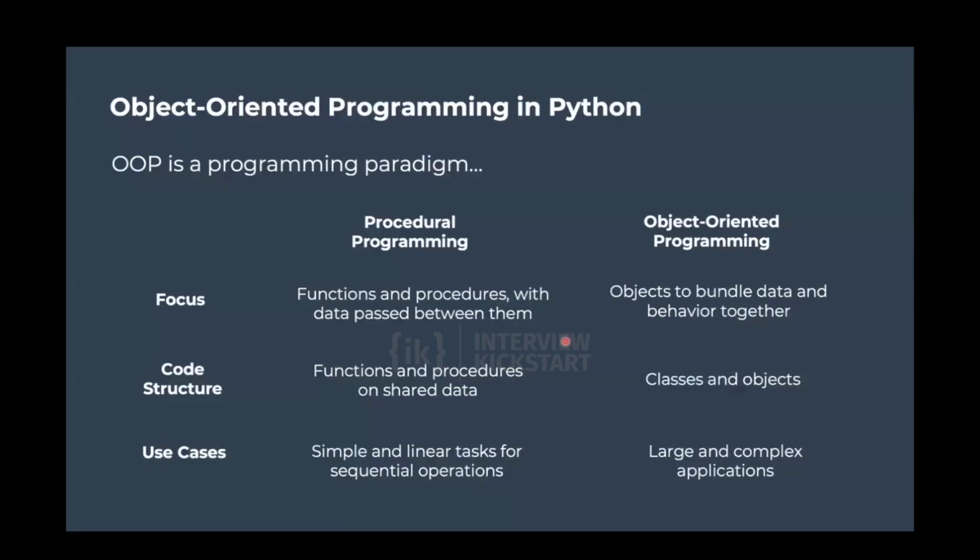If you want to make any change to one part of the code, you don't have to go through so many different lines and try to figure things out. You can just go to the right class and make that change, and that change will be reflected throughout your code. So that's why we're going to learn about object-oriented programming.